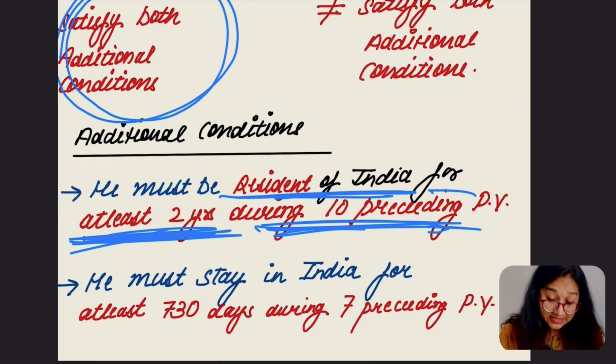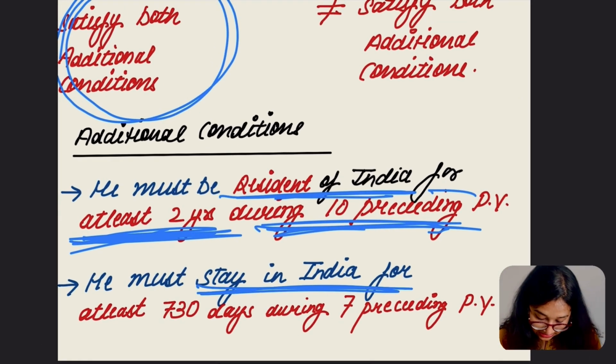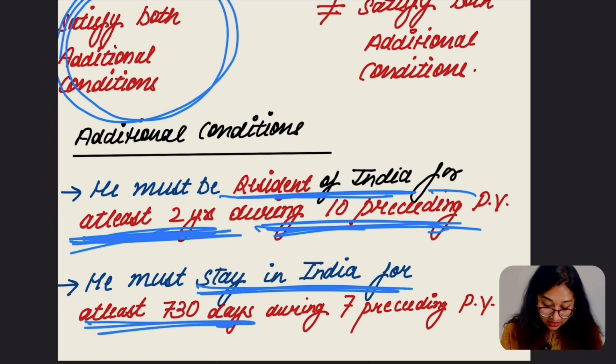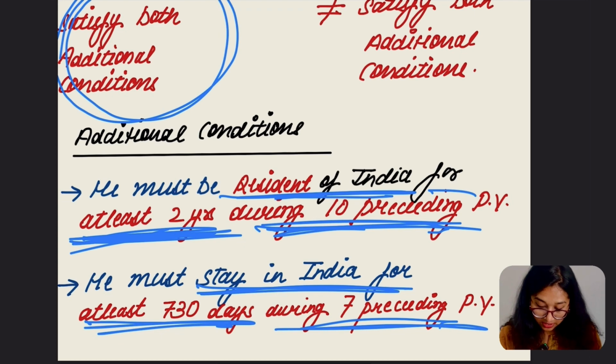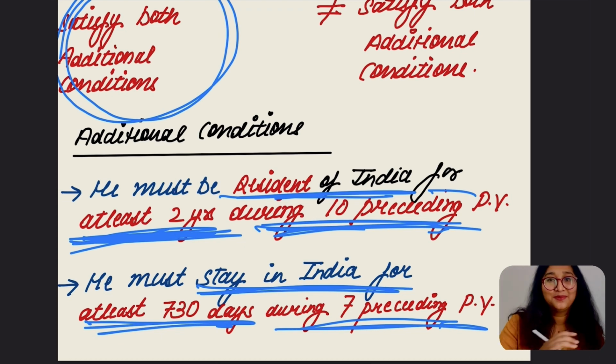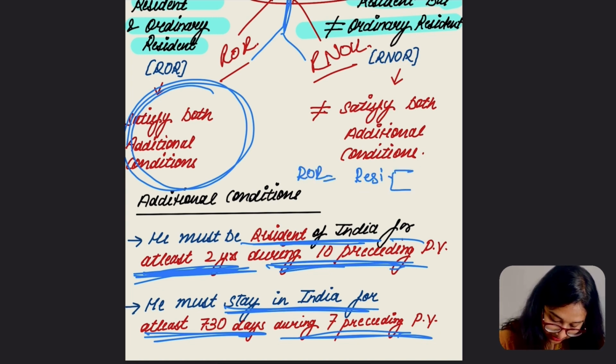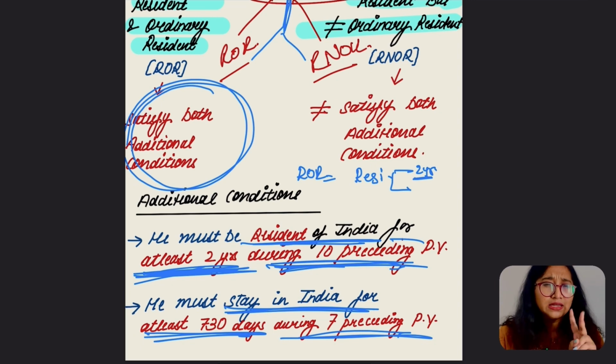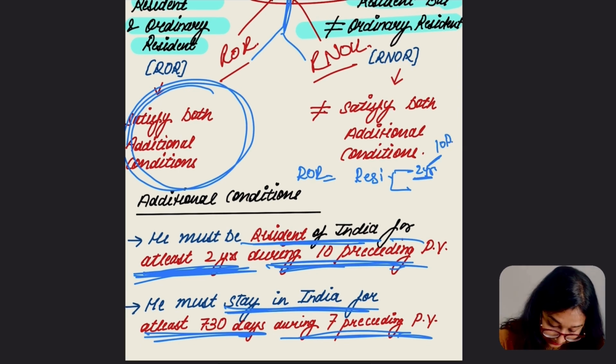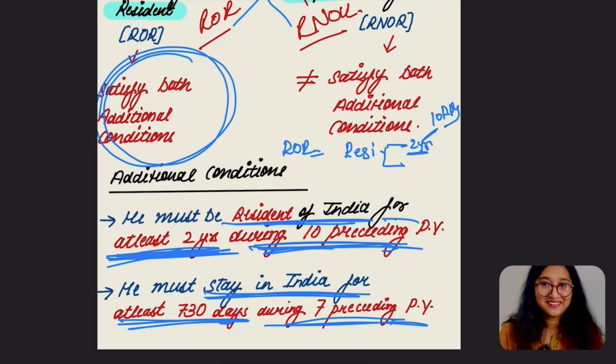Now the second condition says that he must stay in India for at least 730 days during the 7 preceding previous years, right? Earlier I told you that first of all he has to be a resident. For ROR, he has to be a resident, and they are again saying at least 2 years: the individual has to stay for at least 2 years out of the 10 preceding previous years, PPY.